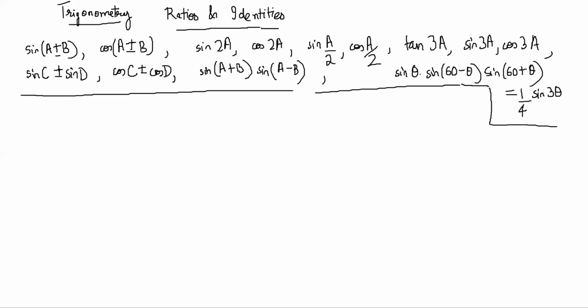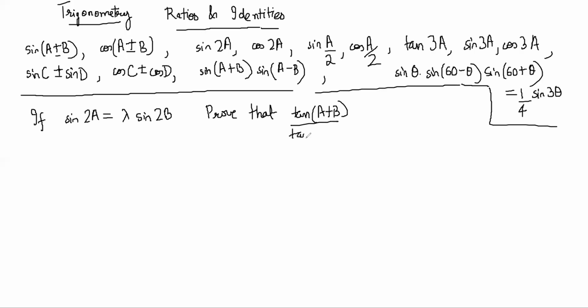The first one is, if sin 2a is equal to lambda times sin 2b, then prove that tan(a plus b) by tan(a minus b) is equal to (lambda plus 1) by (lambda minus 1).